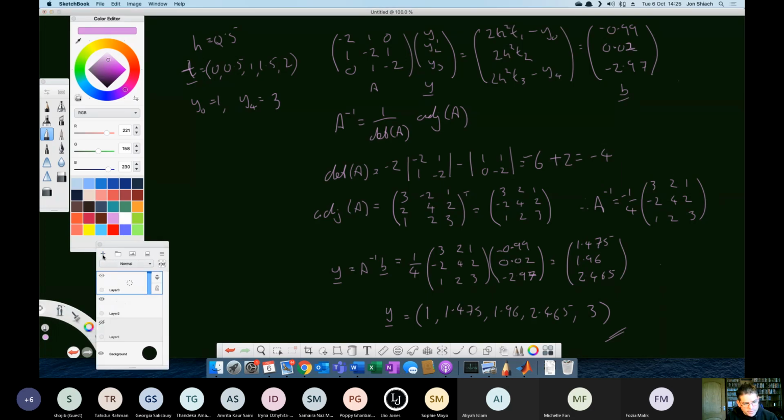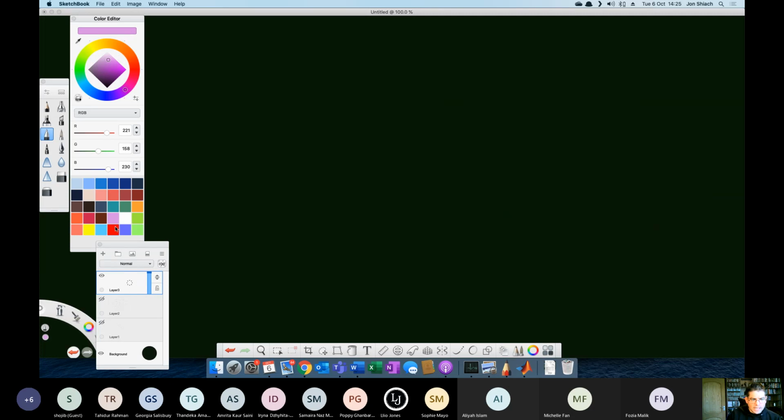What we call LU decomposition, and I'll do a little mini lecture on it as well. So, LU decomposition. Quite often we have a linear system, and our linear systems are of the form AX equals B. A is what we call a coefficient matrix, X is our vector of unknowns, and B is our constant vector.